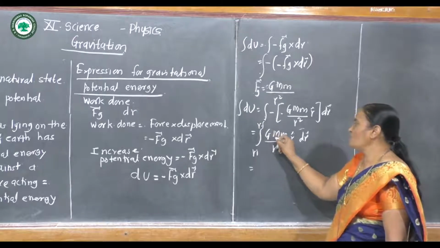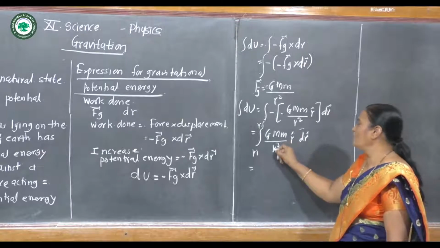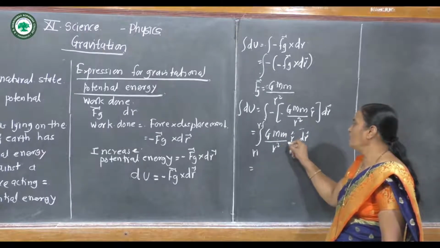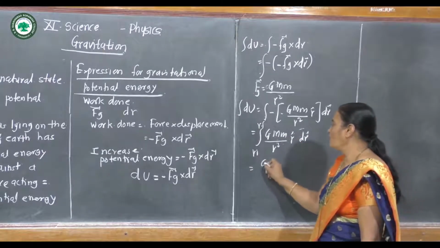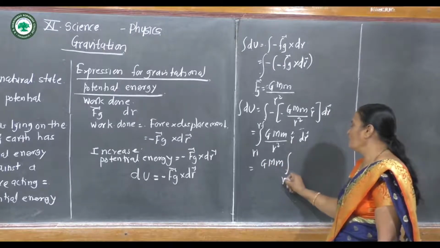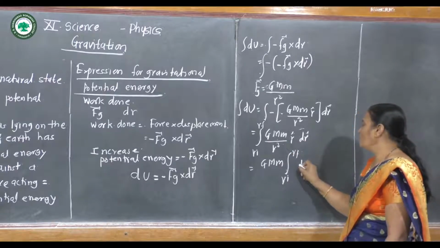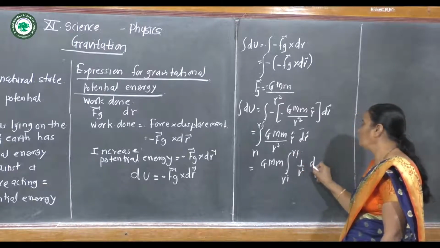Therefore G is constant, M is constant, m is also constant, so G M m comes out, and we integrate 1 upon r square dr from ri to rf.